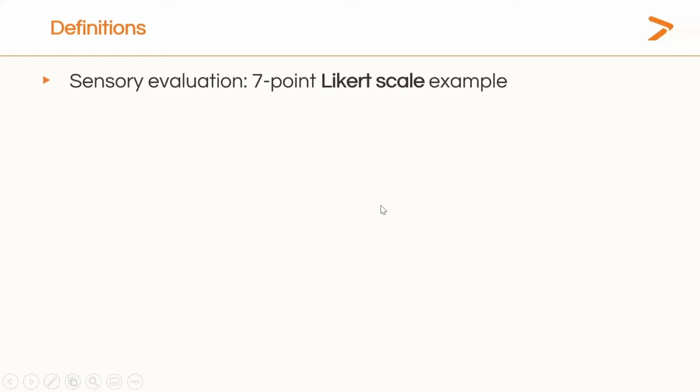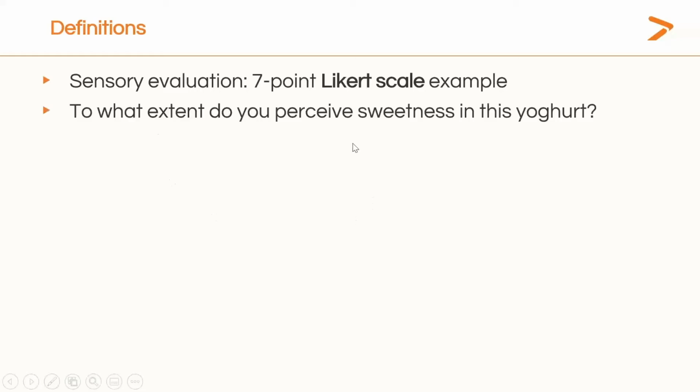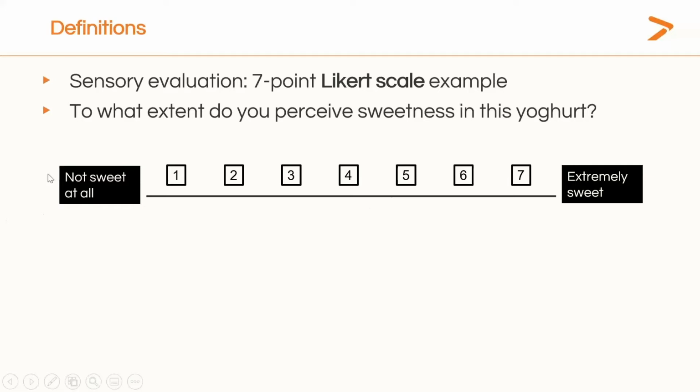For instance, we may ask in sensory surveys, to what extent do you perceive sweetness in this yogurt? And we submit a scale to the panelists that goes from not sweet at all to extremely sweet, with 7 possible points along the scale. And the assessor simply needs to choose one of the points.